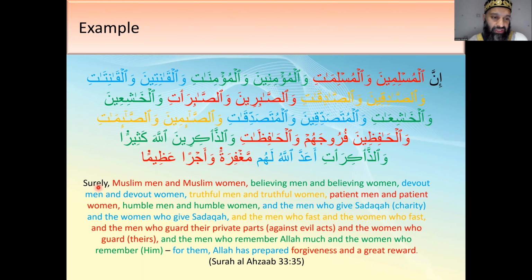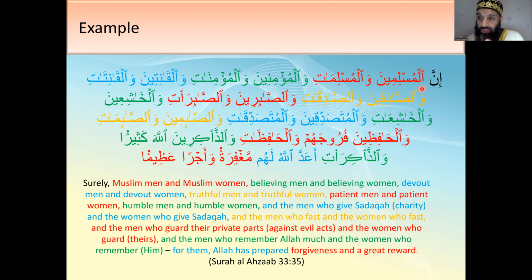What does it say here in the translation? Surely, the Muslim men and Muslim women, and believing men and believing women, and devout men and devout women, and truthful men and truthful women. Can you see that ina is mentioned here and at is mentioned here as well? So this is just an example of what we learned. If you see an una or an ina, it's normally talking about everybody.